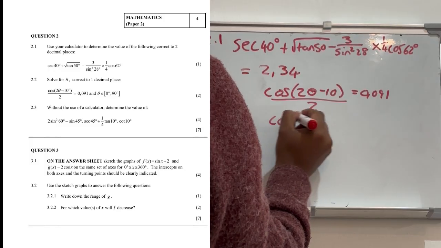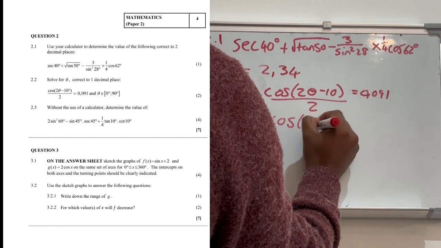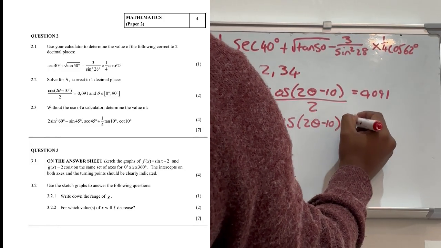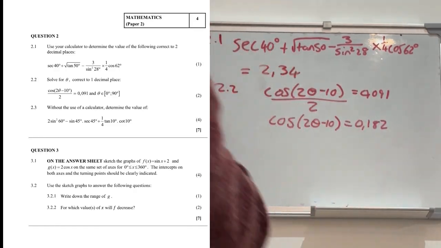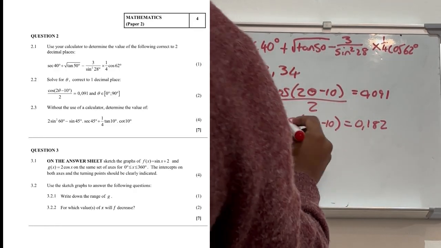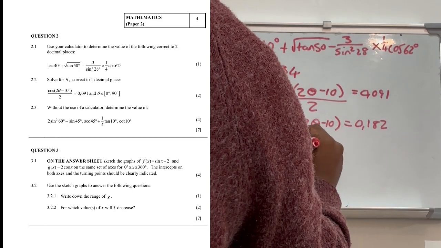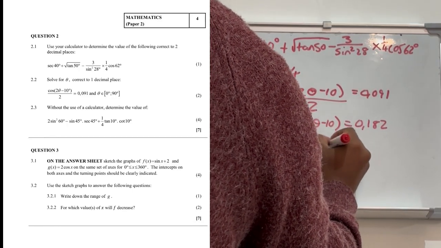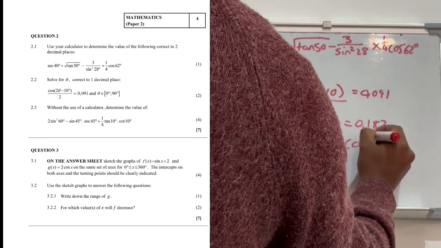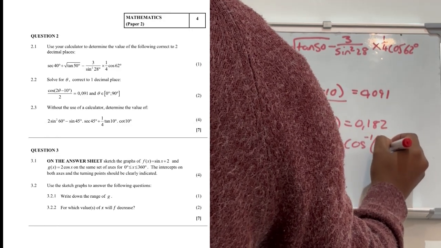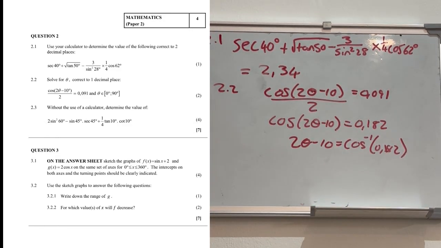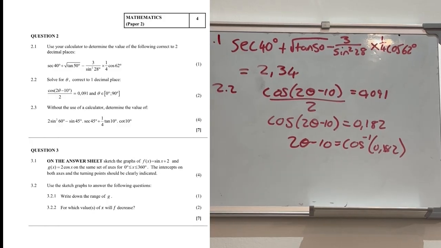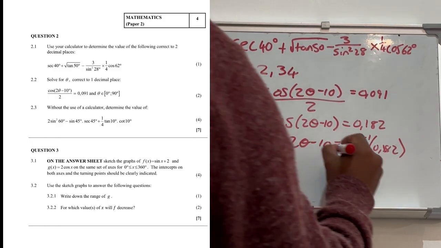So we're going to get cos 2 theta minus 10 equal to 0,182. Then we're going to get the reverse of cos. So we're going to do the inverse of cos of 0,182. Okay, so we put that in the calculator.